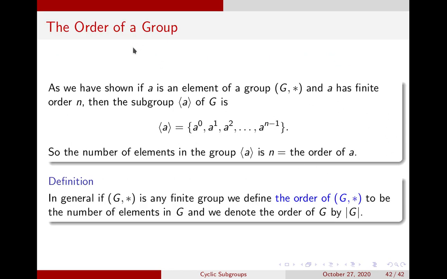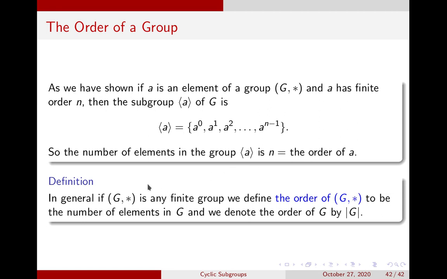One final definition. We've shown that if you have an element of a group which has a finite order n, then the subgroup generated by that element contains n elements. So the number of elements in the cyclic subgroup generated by a is the same as the order of a.